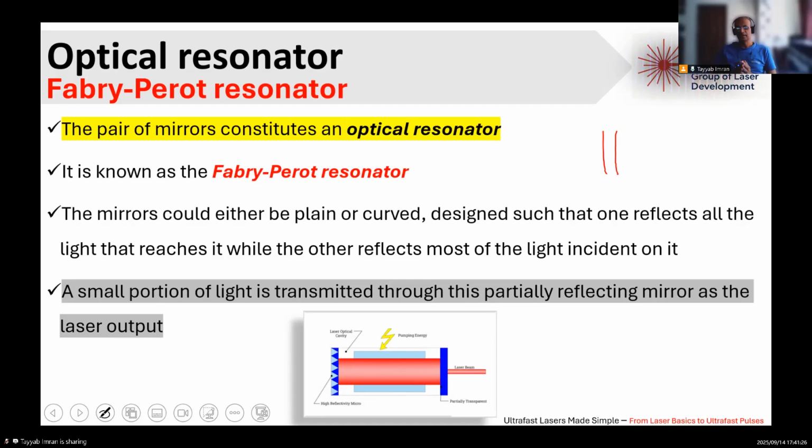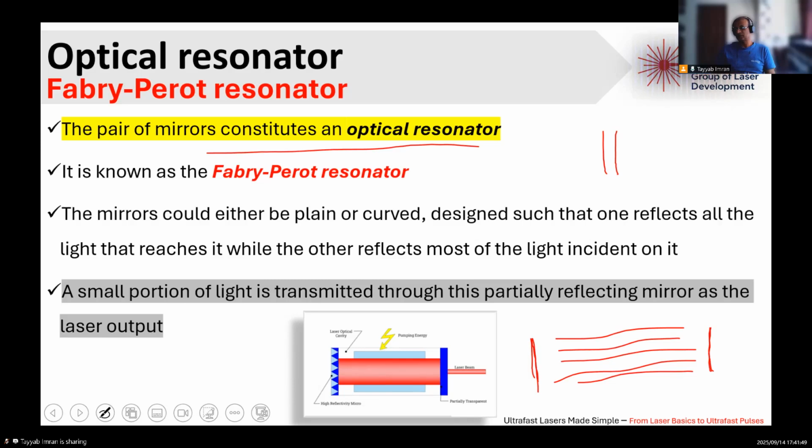In the case of a cavity or the laser resonator, the two mirrors are supposed to be parallel to each other, so this kind of cavity we may also call the Fabry-Perot resonator. A pair of mirrors in an optical resonator can be called a Fabry-Perot resonator as well.